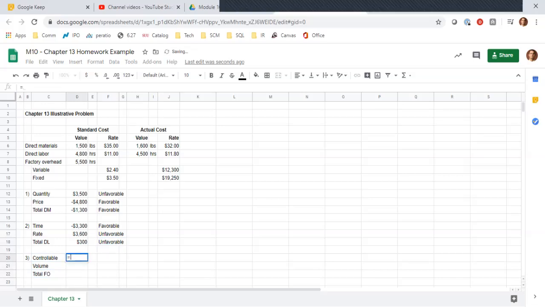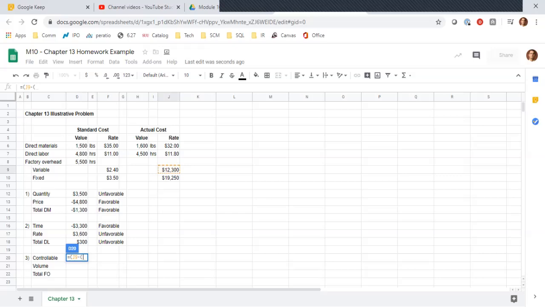Okay, so our controllable variance is going to be our actual cost in variable overhead minus our standard cost hours multiplied by our variable rate.